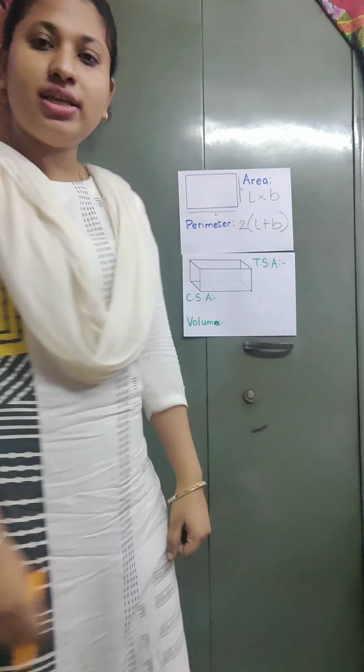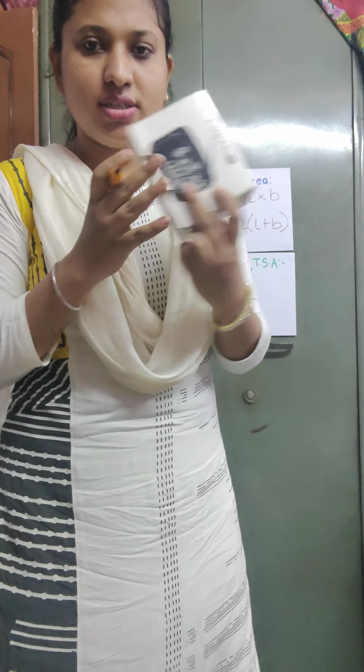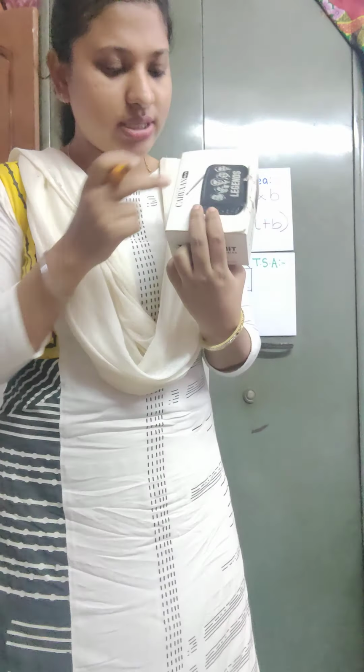Now this is a three-dimensional object, a cuboid. From every part it is covered, so it also has 6 faces, 1, 2, 3, 4, 5, 6. This side is a little narrow, this side is wide, and this side is narrower.